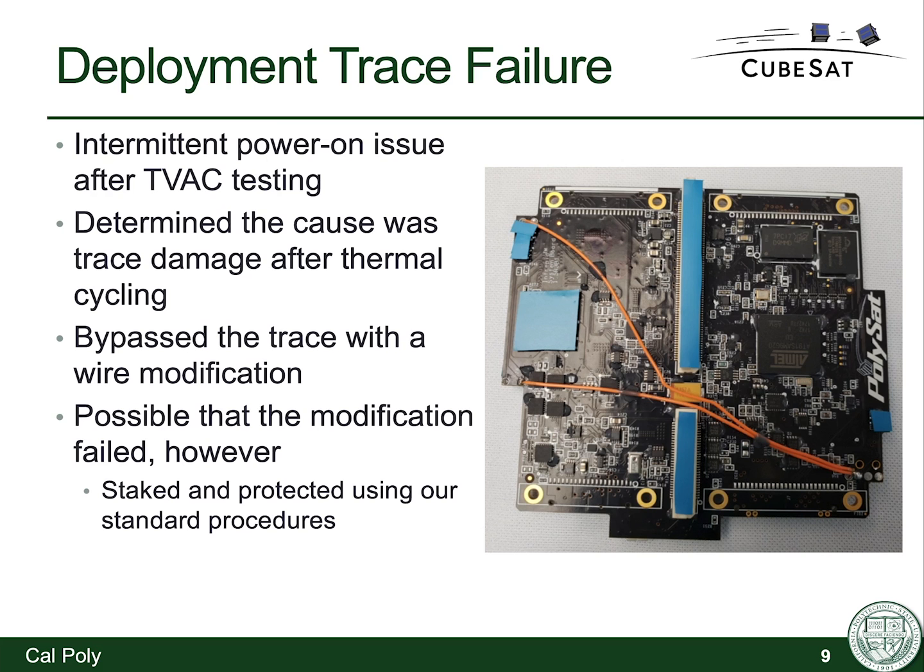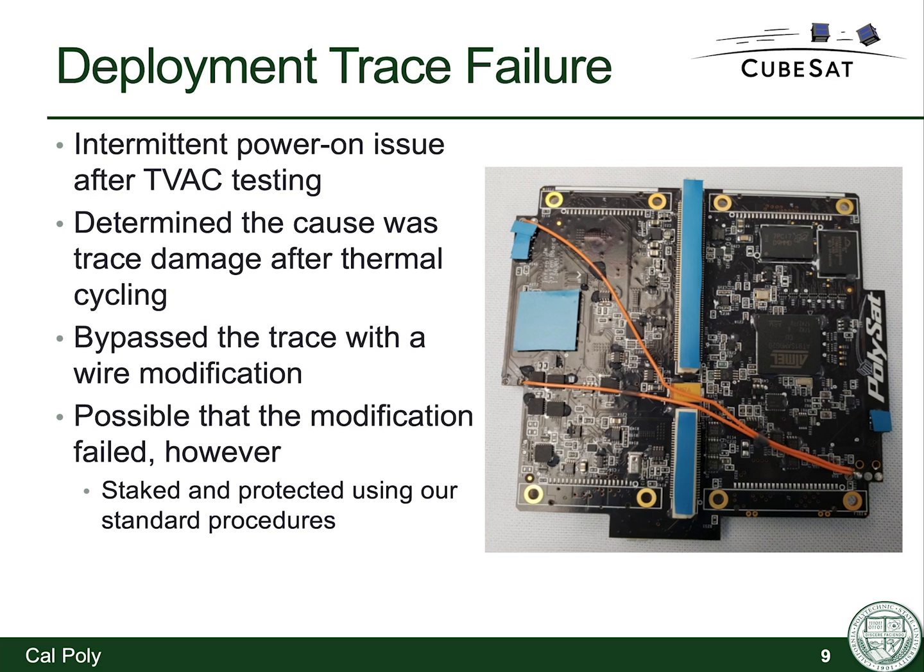The first potential failure cause that we looked at was related to the failure of a trace on our system board. We observed during our ground testing campaign that there was an intermittent power on issue after one of our TVAC tests. The issue would manifest itself in the form of pressure.